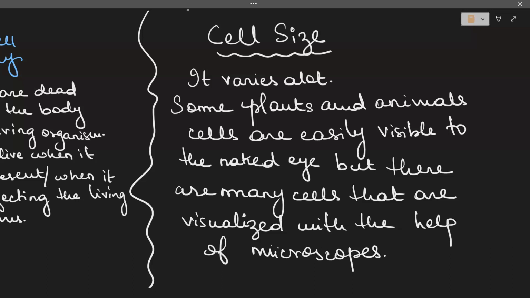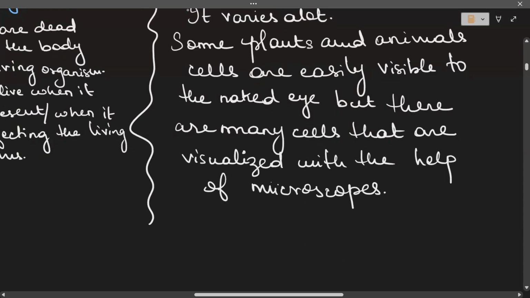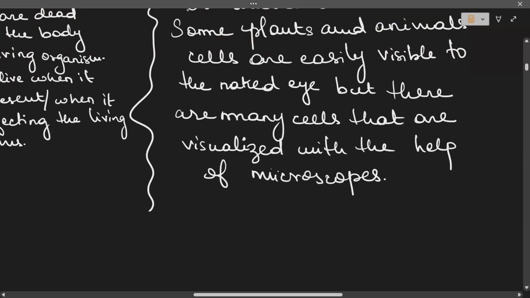Now, like how we have dimensions, we have centimeters, we have kilometers, right? But if we are talking about the cell, then the cells that are visualized by microscopes are only, you can say, micrometers in diameter.